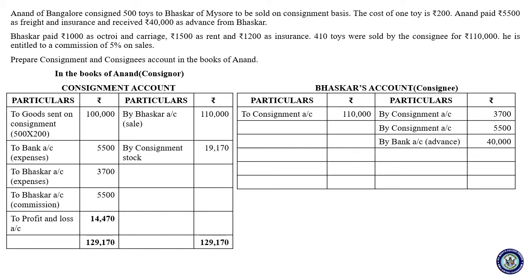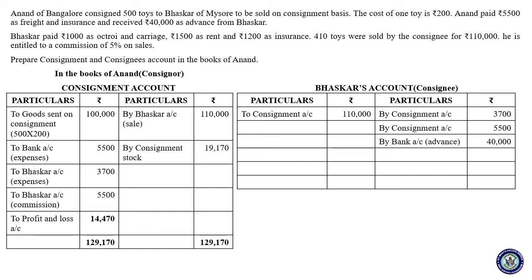Why? Because of the consignment Bhaskar has incurred some expenses. If the consignment had not taken place, Bhaskar would not have incurred that many expenses, right? Now here in this problem 3,700 is an expense incurred just because Anand has consigned goods to Bhaskar.